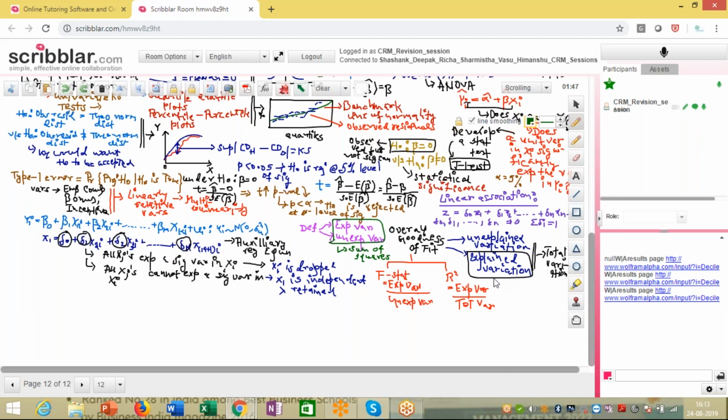When I say sum of squares, what do I essentially mean? If there is a variable x, the sum of squares measures its variation from the mean.